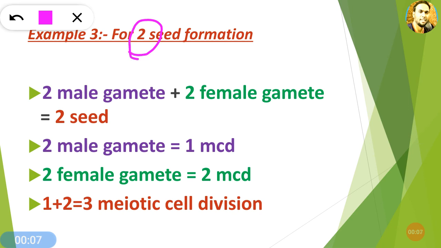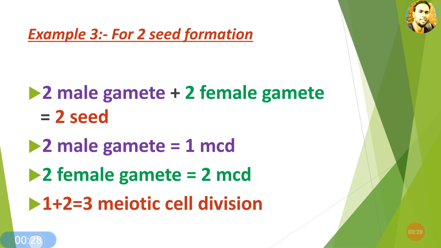In example 3, if a plant has to produce 2 seeds, there is the requirement of 2 male gametes and 2 female gametes. So when 2 male gametes fuse with the 2 female gametes, it will produce 2 seeds. So how are these 2 seeds produced?